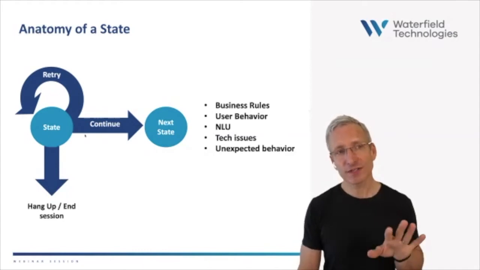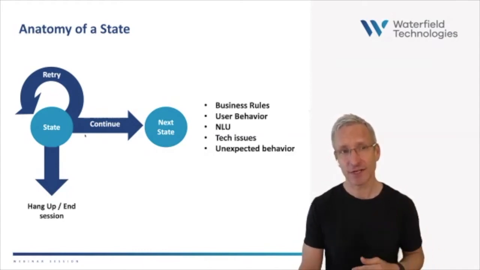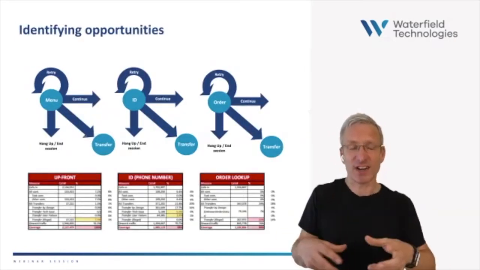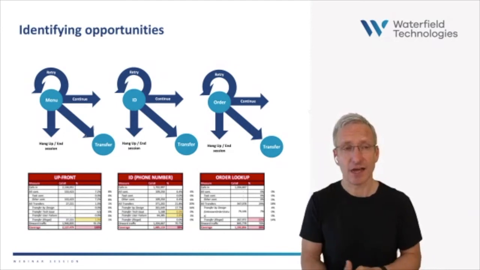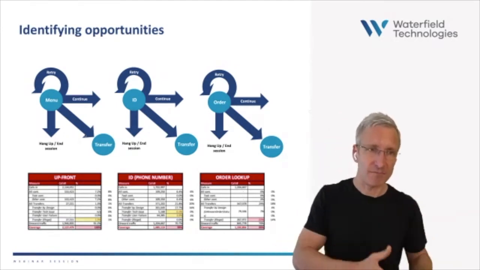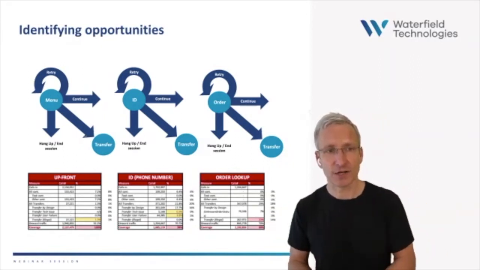Now, once we've started looking at what's going on within each state and categorizing it into these different types of outcome, then we can really dive deep into the customer journey. This is an example we did analyzing one of our client systems, going through the upfront menu, the ID using the telephone number, and then looking up an order.